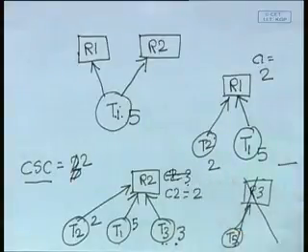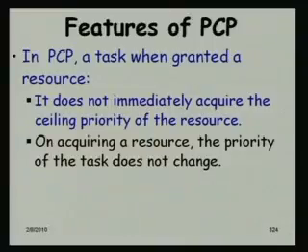So, let us look at some of the features of the priority ceiling protocol, look at one example, and then we will look at the release clause. As we have already seen, when a task gets a resource, its priority does not change.